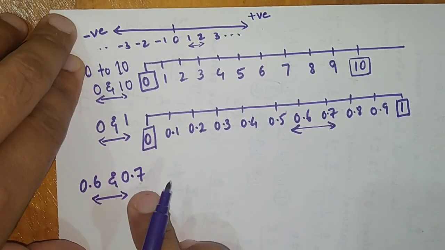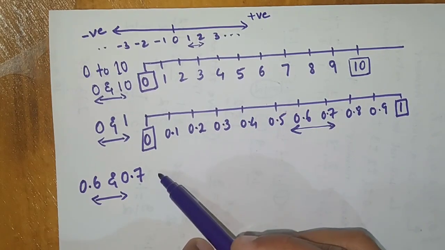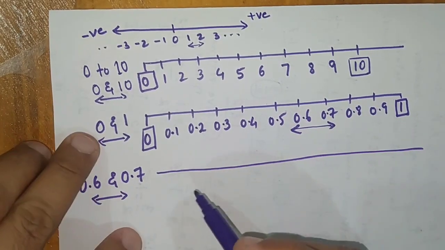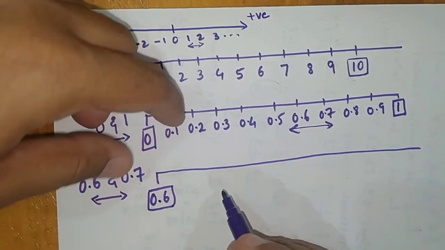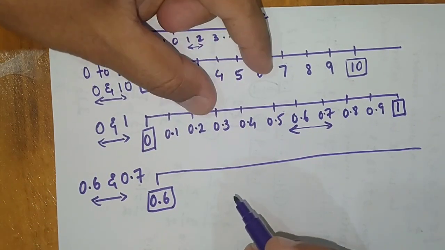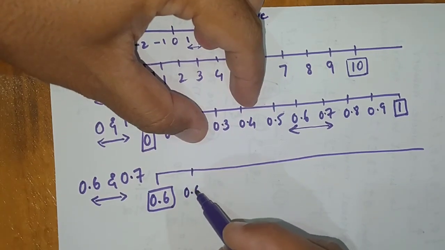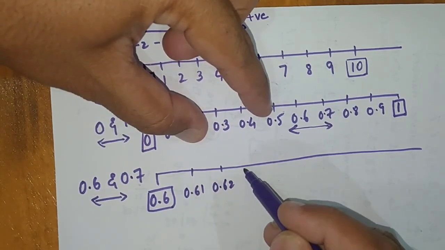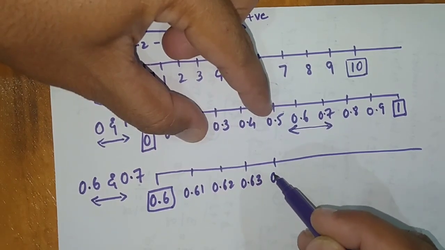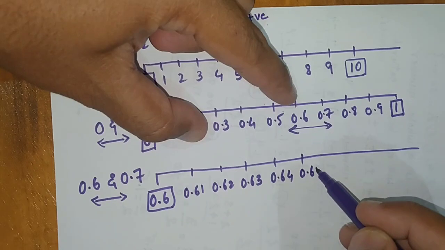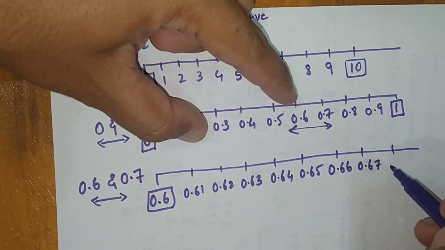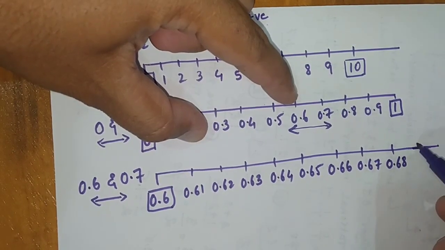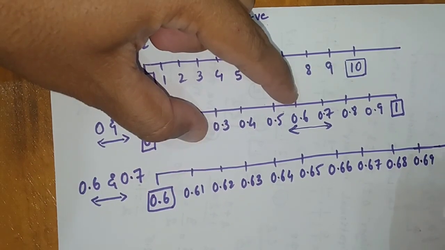See here, 0.6: you will find 0.61, 0.62, 0.63, 0.64, 0.65, 0.66, 0.67, 0.68, 0.69, and you will find 0.7.